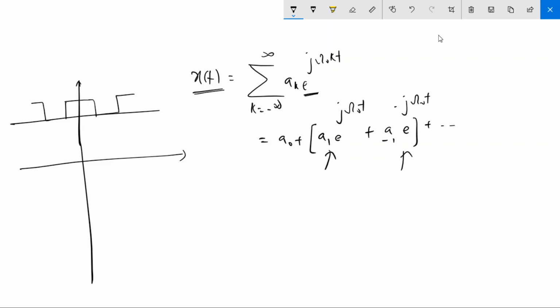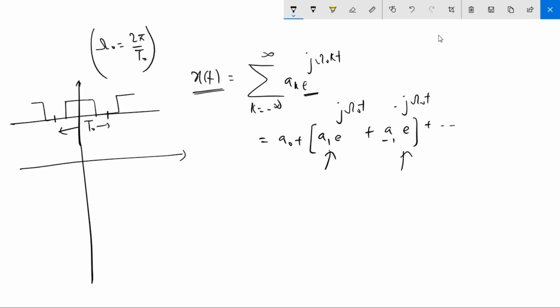If I look at the time period of this signal, maybe this is the time period t naught. Once you have the time period, you can calculate the fundamental frequency, that is 2 pi by t naught. Then you have to find ak from this signal x(t). Once you find ak, you put it in this equation and you get its series. Then you can combine these positive and negative frequencies to generate sine and cosine components.